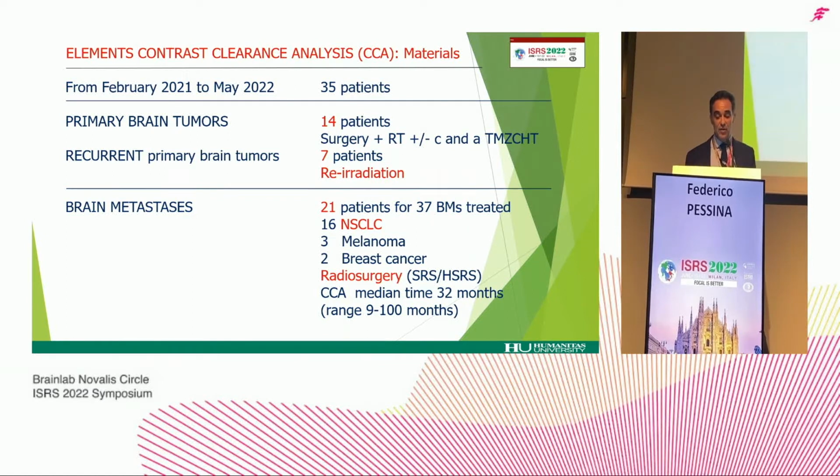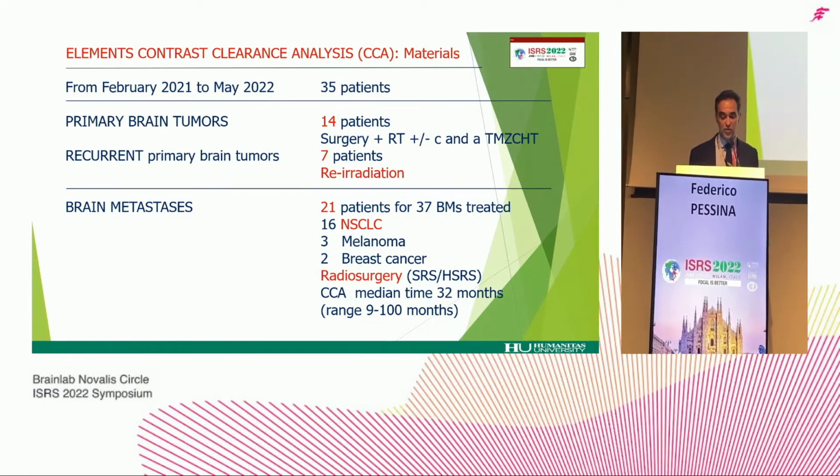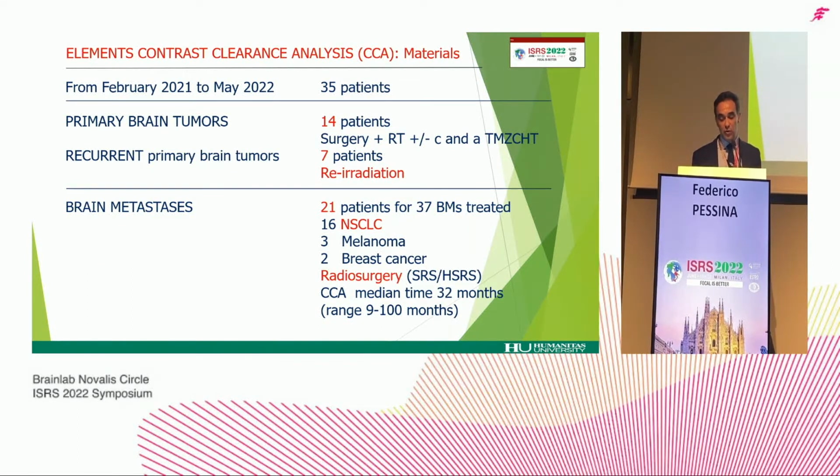In about 1 year, 35 patients were analyzed with these techniques, with different histology: a group of 14 primary brain tumors treated with surgery plus radiation therapy, with or without concomitant and adjuvant temozolomide, 7 patients that underwent re-irradiation, so recurrent primary brain tumors, and the group of brain mets, 21 patients with different histology, mainly represented by lung cancer, and treated with radiosurgery, both single fraction or hypofractionated radiosurgery.